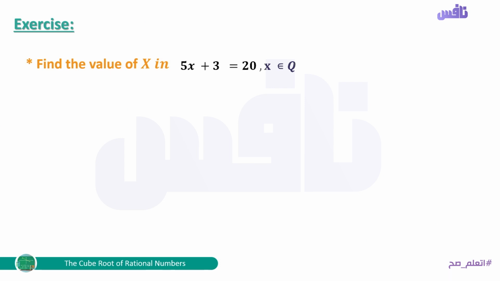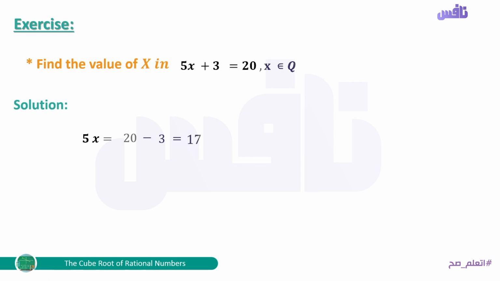What was the first step we did? The positive 3 will go to the other side by the opposite sign, which is negative 3. So the next step will be 5x equals 20 minus 3 equals 17. Okay?